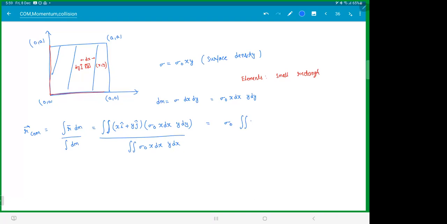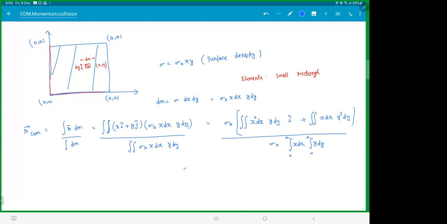Then you get double integral x squared dx y dy I cap plus double integral x dx y squared dy. So basically with a double integral, you simply give one integral to dx and one integral to dy. Limits will go from 0 to a and 0 to a.